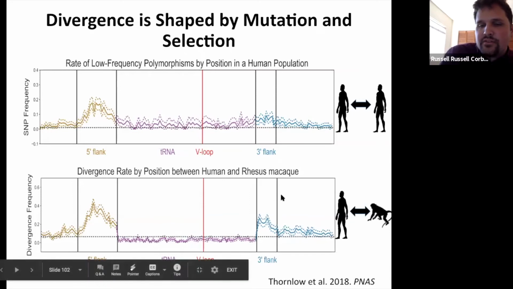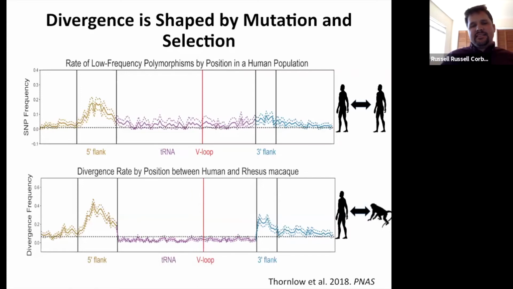And so now we're comparing humans and macaques. What you can see is that, again, the 5' and the 3' flanking regions, which we think are neutral, have a hugely elevated rate of divergence between the species. But the tRNAs themselves are actually much less divergent than the genome-wide average. So natural selection has done its job. It's removed those low-frequency mutations, and we don't see a lot of fixations between humans and monkeys.